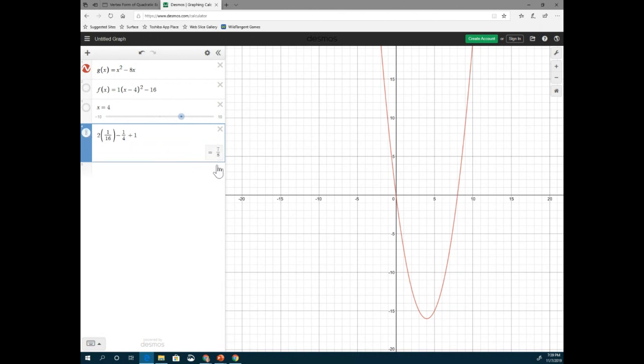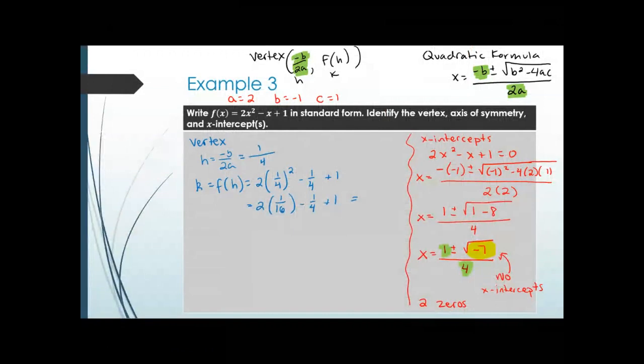If I click that, it gives me the fraction version. So our value here is 7/8. So let's just use Desmos to do that for us so that we don't have to mess up with fractions. So our vertex is 1/4 and 7/8.